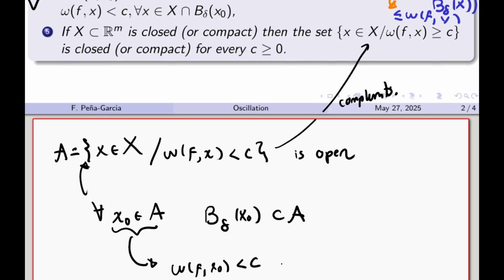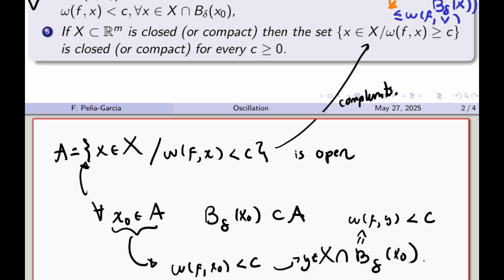and so we can find some delta such that for any y here, it follows that the oscillation is smaller than c, and so it will follow that y is a point of A, right?